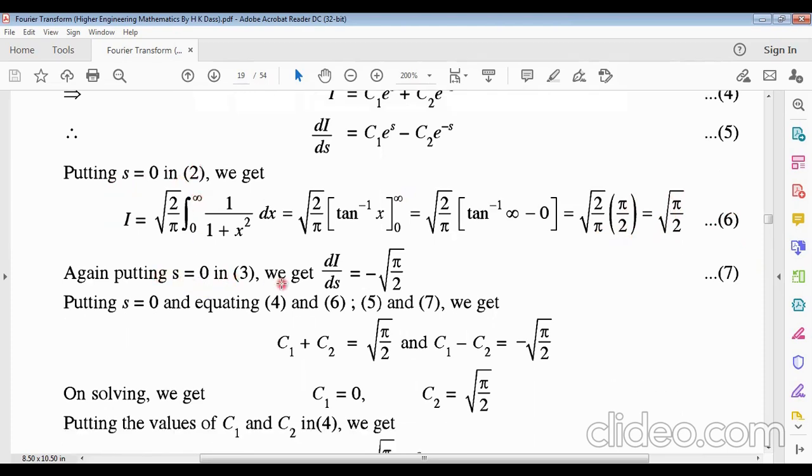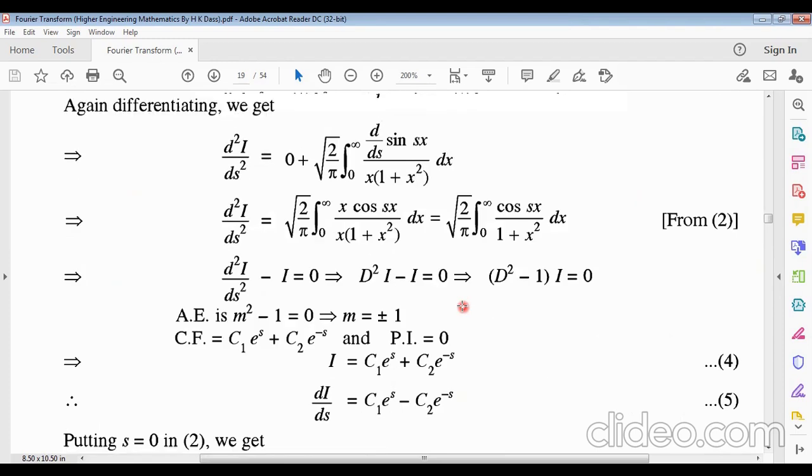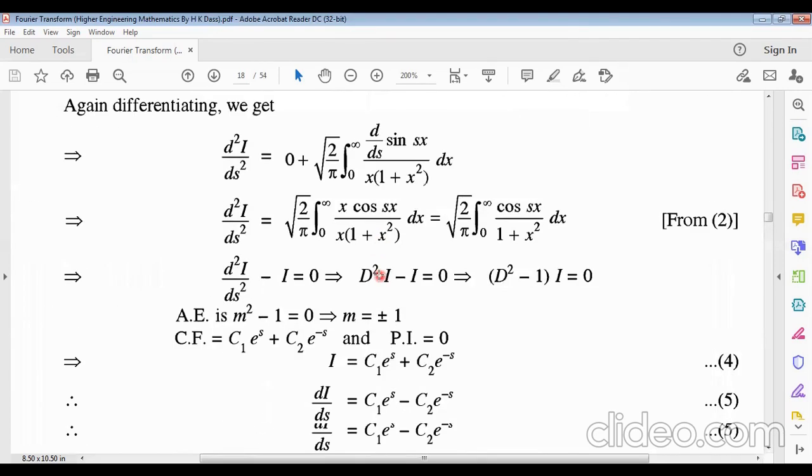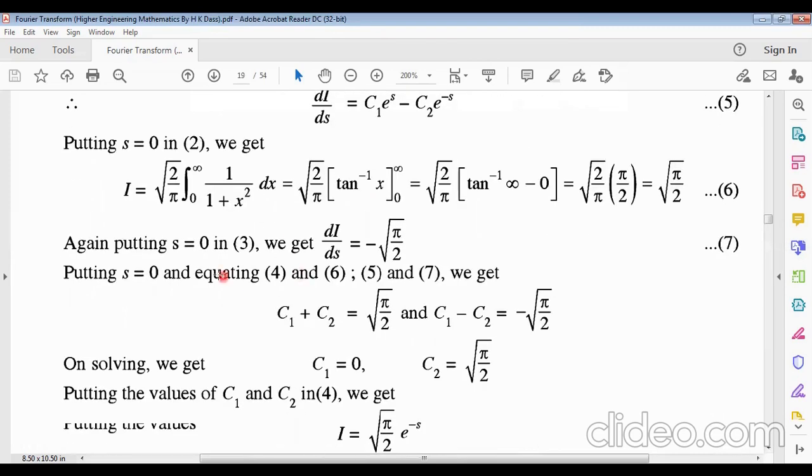Again putting s equals to 0 in equation 3, the first derivative of I with respect to s, sin 0 equals 0, so this term becomes 0. After putting s equals to 0 in equation 3, we get dI by ds equals minus root over pi by 2.